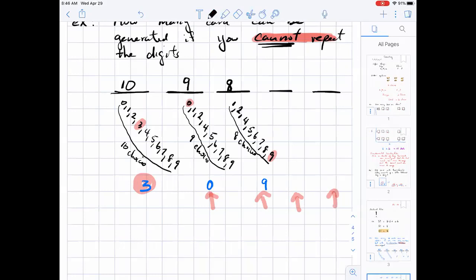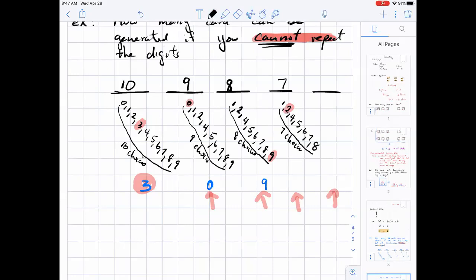So let's finish this up. So we've picked 3, we've picked 0, we picked 9. So we still have the choices left 1, 2, we've picked 3, 4, 5, 6, 7, and 8. And if you look here, you should only have 7 choices. Let's assume this time around I picked a 2.